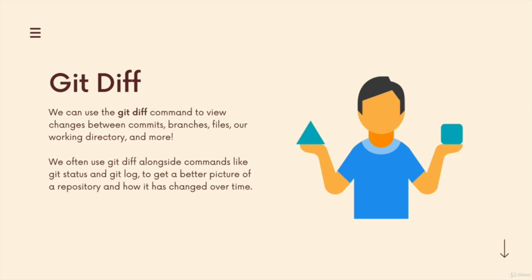What's changed between the staging area and the working directory? What's changed between 2 branches or 2 different files over a certain number of commits? What's changed between what we have locally versus what's on GitHub? All these different scenarios where we may want to learn about changes, about comparisons. So the git diff command does that.